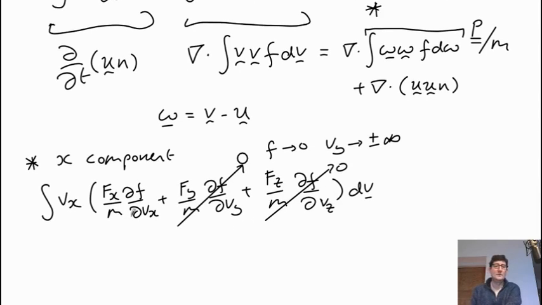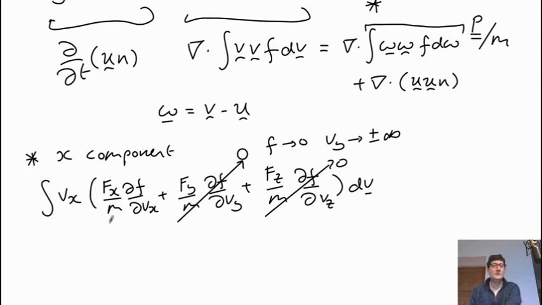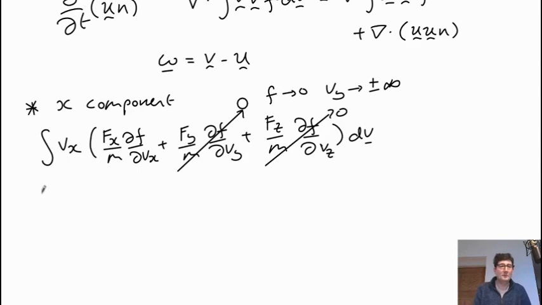So we're just left with this term at the beginning, and this term I'll write again just so you can see it more clearly. So we have this term integrated over all velocity. This we can split up. Now we can put in the force.